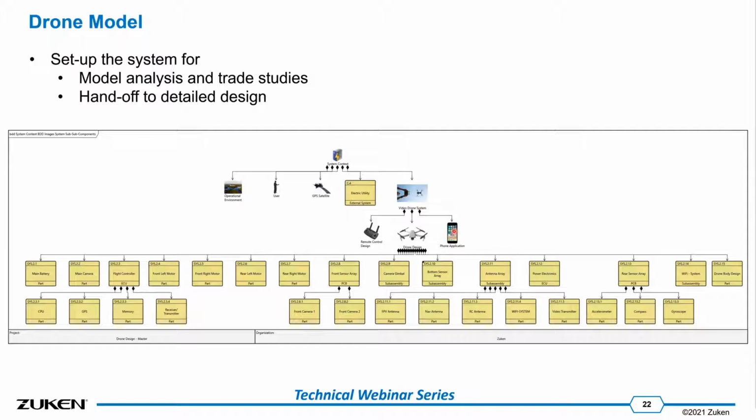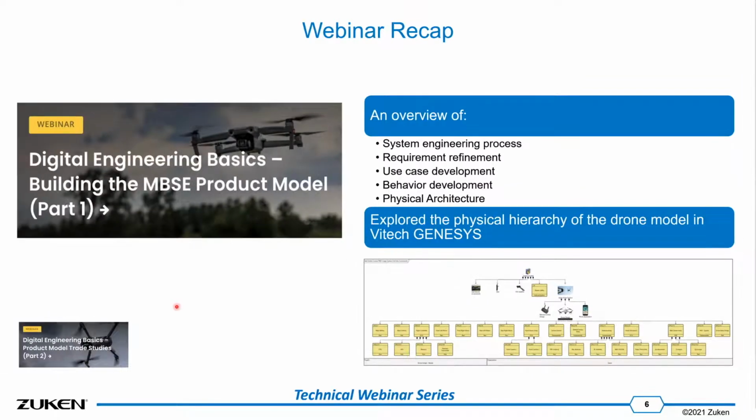We then further broke it down into a series of subcomponents and even sub-subcomponents to give more fidelity to the entire system. And the system was ready, and the model was ready for the next steps in the product development process.